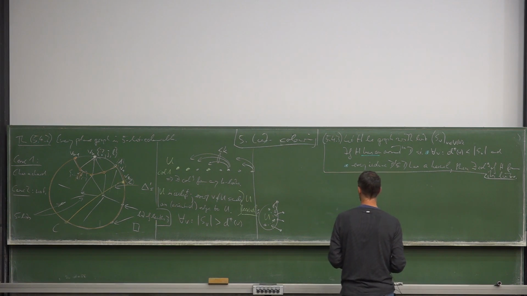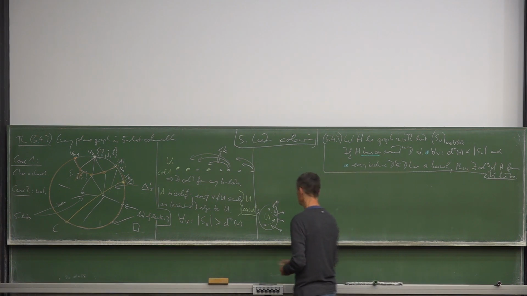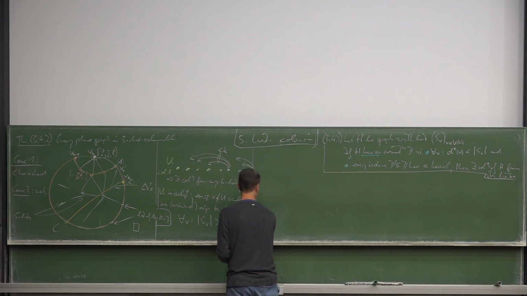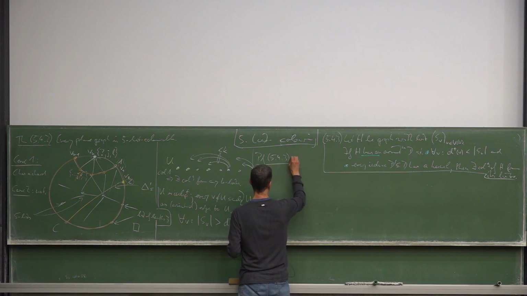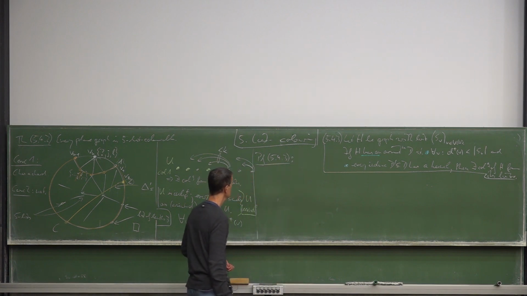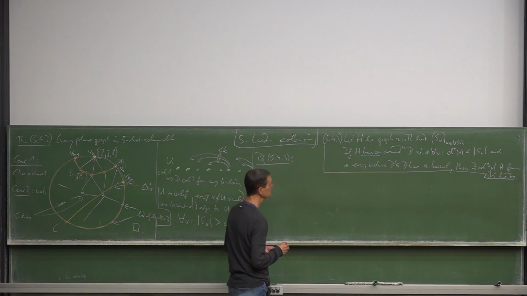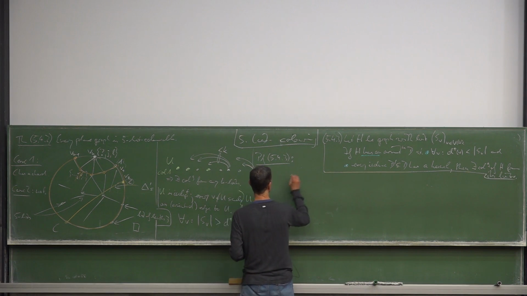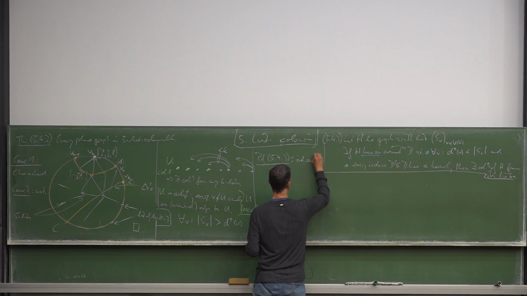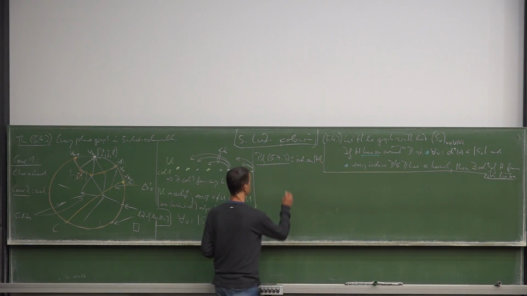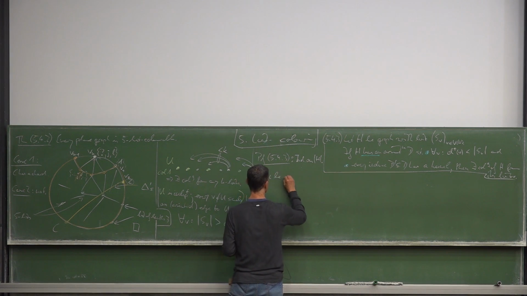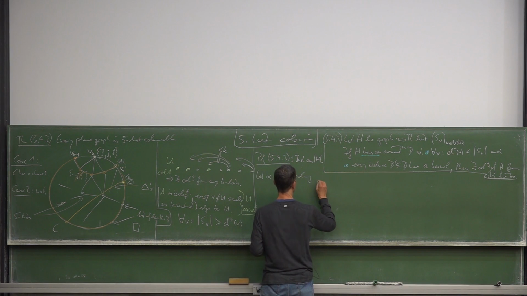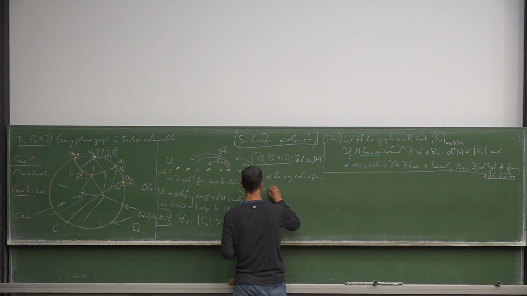So let me prove that. So we're doing induction on the order of H. Let alpha be any color from the lists.